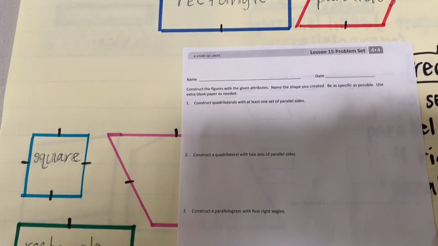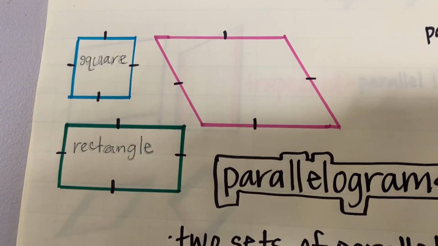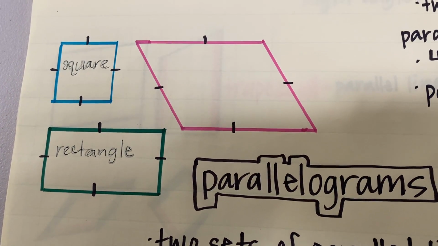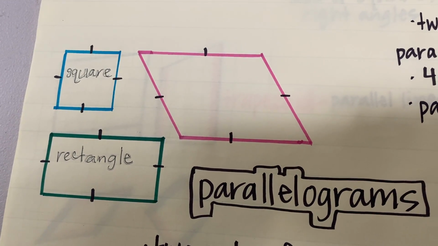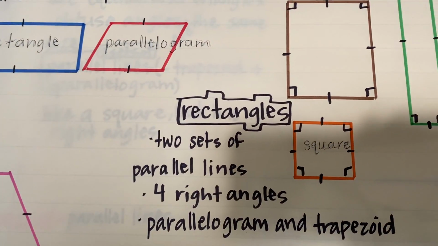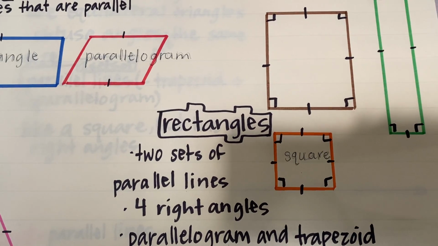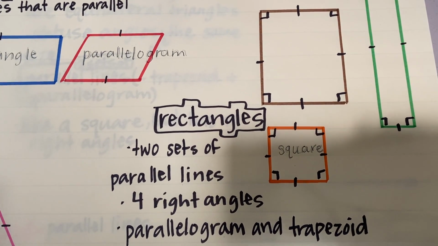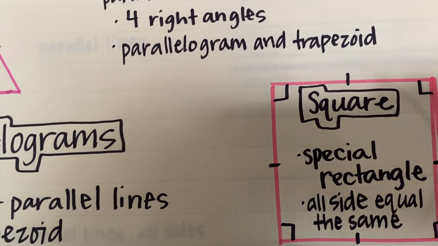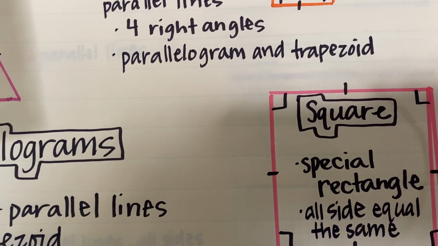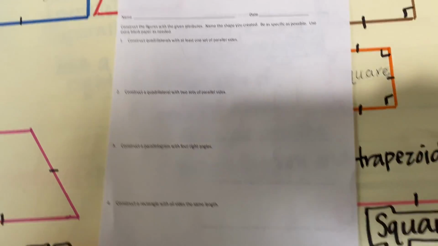You could also draw one of our parallelograms. It is also a trapezoid. It's a four-sided shape with at least one set of parallel lines. You could draw rectangles. It's a four-sided shape with at least one set of parallel lines. You could draw a square. Four-sided shape, one set of parallel lines, at least.